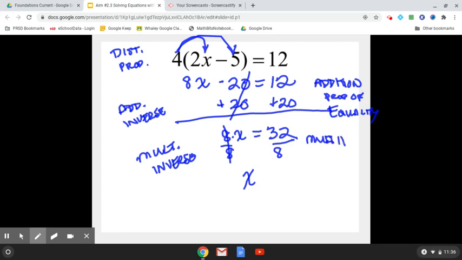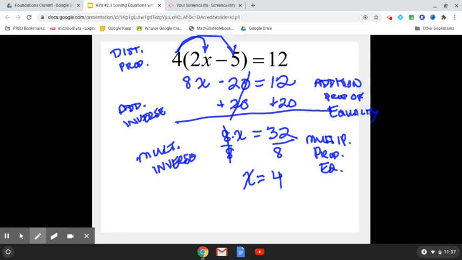Multiplication property of equality says that I should divide by 8 on the other side, and when I do, I end up with x is equal to 4. But I put little notes there just to let you know all the things that I just did there to solve for x. That's our goal for today. Again, can we explain all the steps needed and all the properties used when solving an equation?